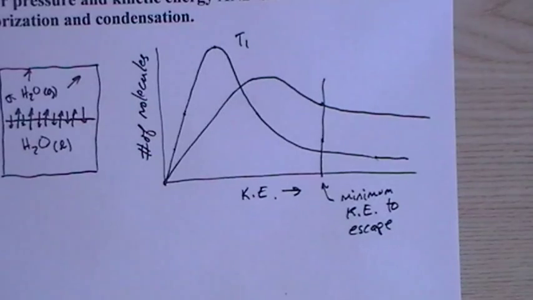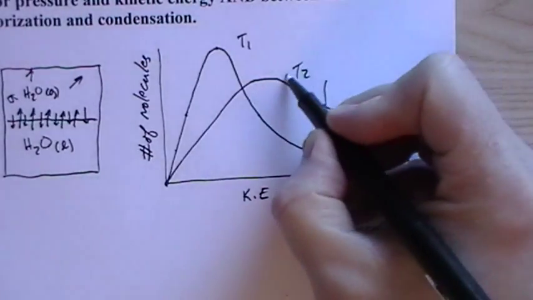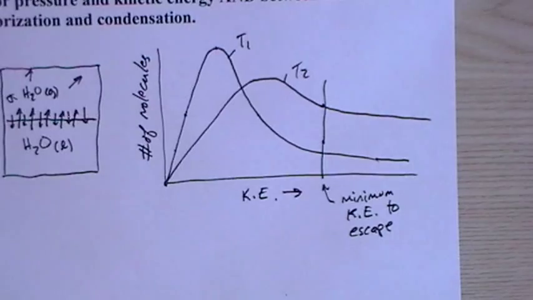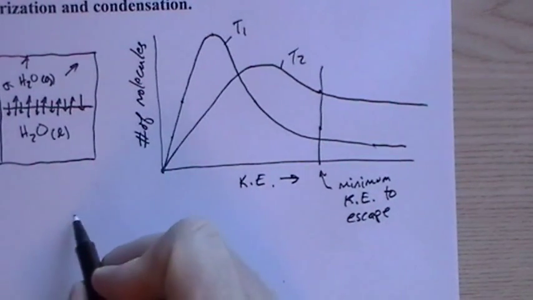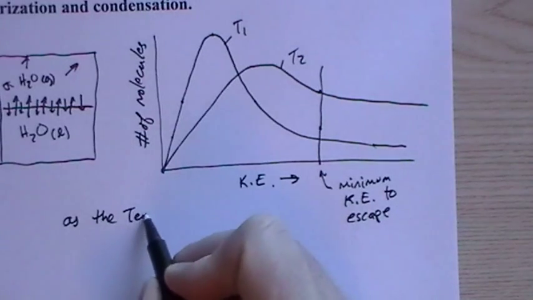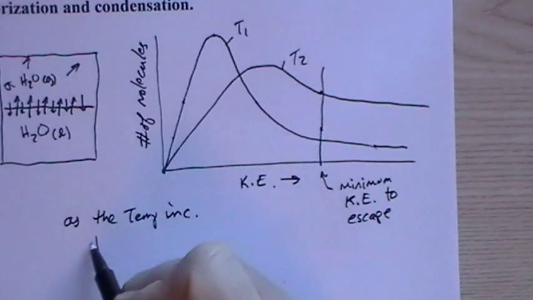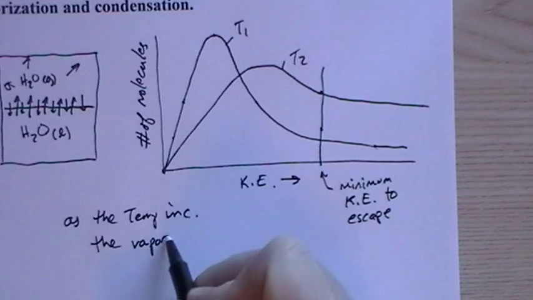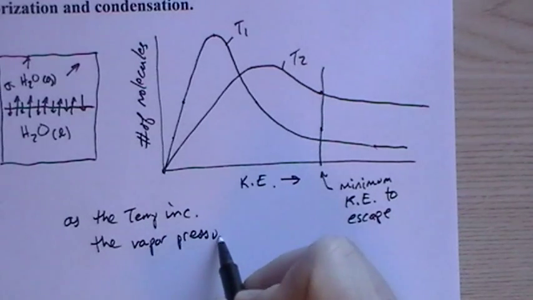So this is T2. The number of molecules in the gas phase that have escaped from the liquid phase is higher, so the vapor pressure goes up. So as the temperature increases, the vapor pressure increases.